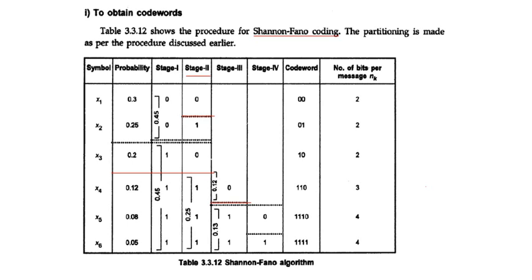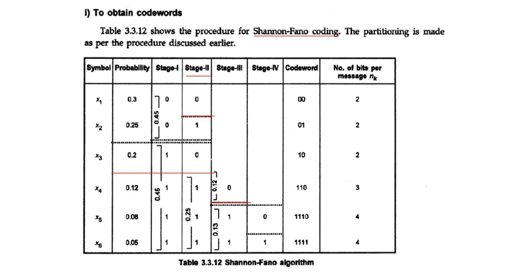Then in stage 4, x5 and x6 are arranged in two subgroups. x5 is assigned 0 and x6 is assigned 1. So at the end of stage 4, each group has a single element. Then we can terminate the grouping of all symbols, and finally we can write the code words.